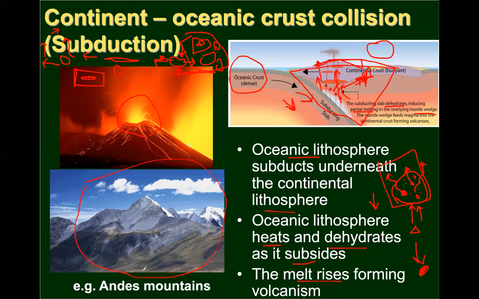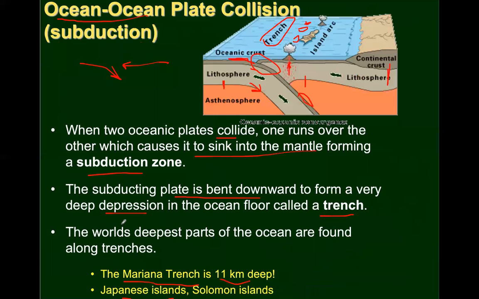This volcanism, after finishing, later causes a crystallized mountain ridge. So the Andes mountains are a very good example of this type of continent-oceanic collision. Previously we considered ocean-ocean plate collision, where the Mariana Trench or the Japanese islands are examples of such occurrences.